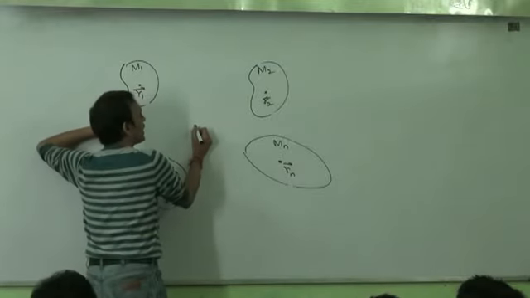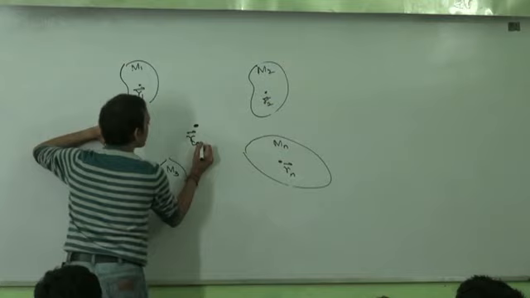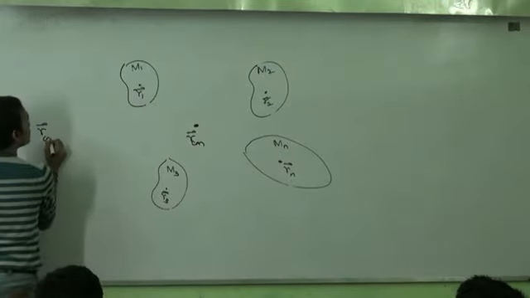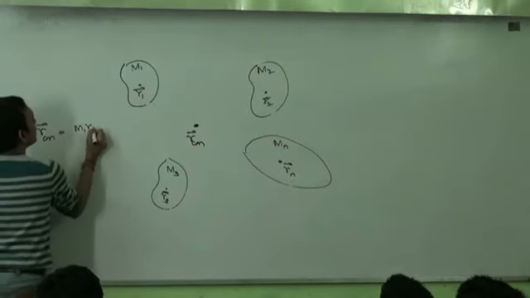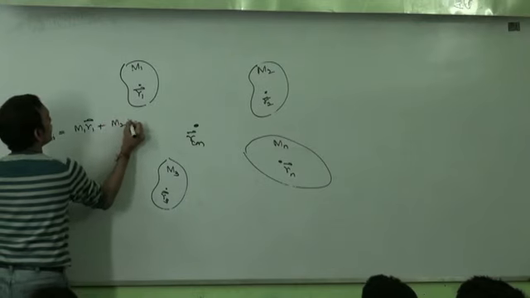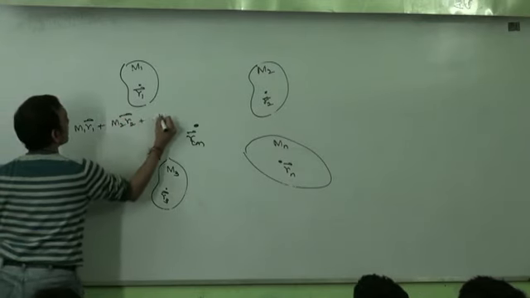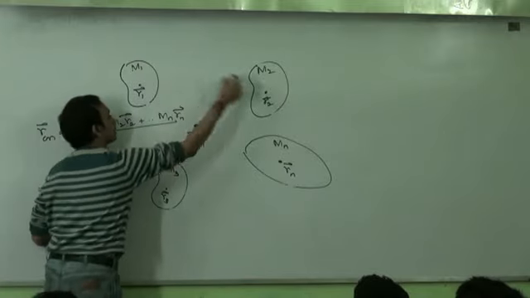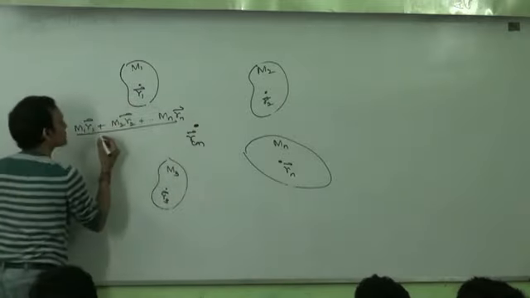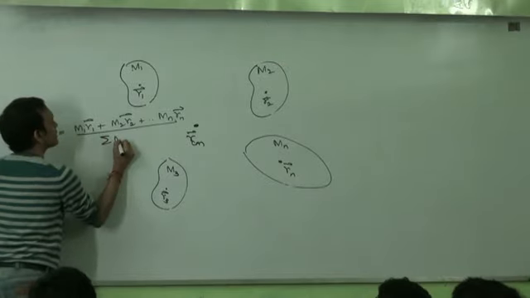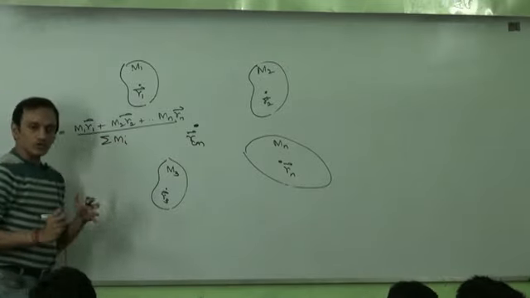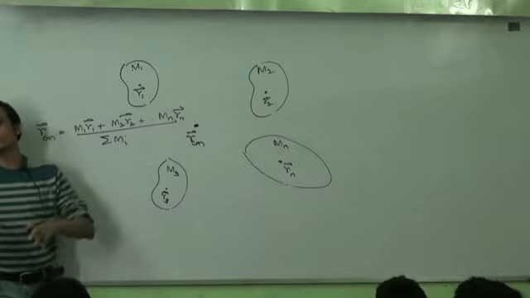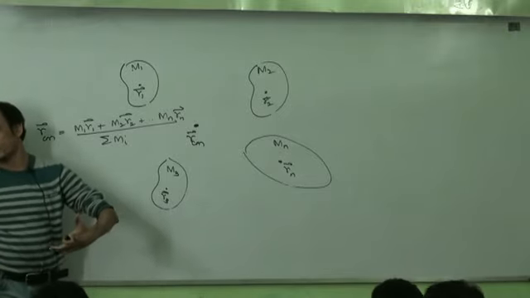The center of mass of this collection would be RCM, which would be given by M1 R1 plus M2 R2 plus Mn Rn, where R1, R2, Rn are the centers of mass of these respective entities, divided by the summation of Mi. That's how you get the center of mass of this discrete collection of continuous systems, right?